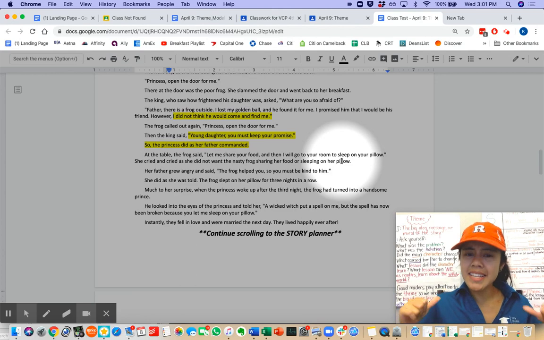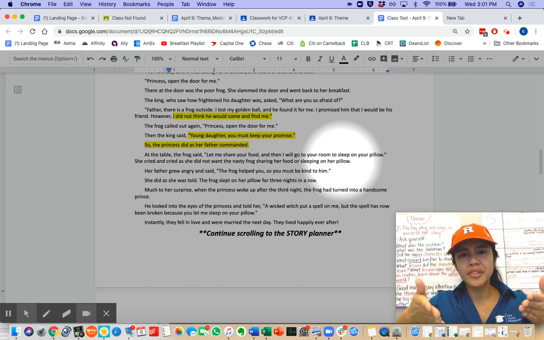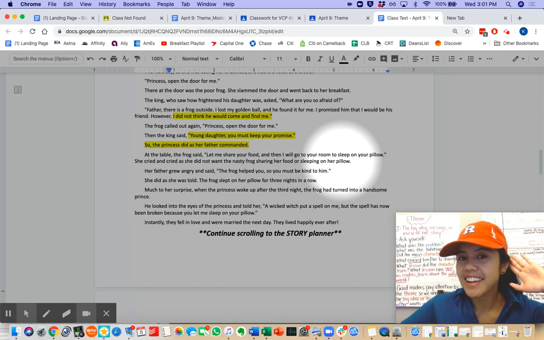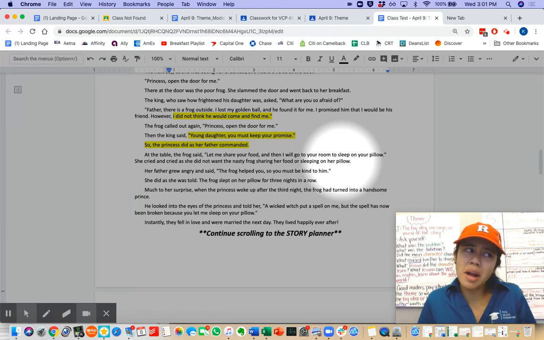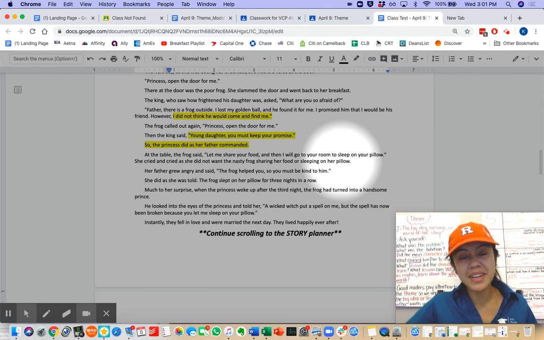Friends, it seems like we've heard the princess's perspective about the frog. How does she think or feel about the frog? Say it so I can hear it through my computer. Yes, she's scared and probably feels disgusted by him.